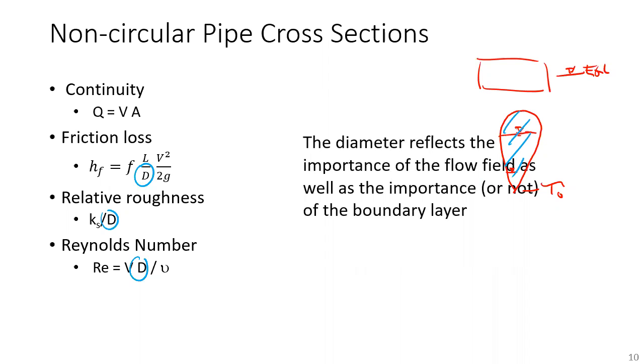And basically, in this case, whether it's circular or non-circular, the diameter that we have reflects the importance of the flow field, for example, in discharge, as well as the importance or the lack of importance of the boundary layer. And for example, relative roughness, k_s over D.